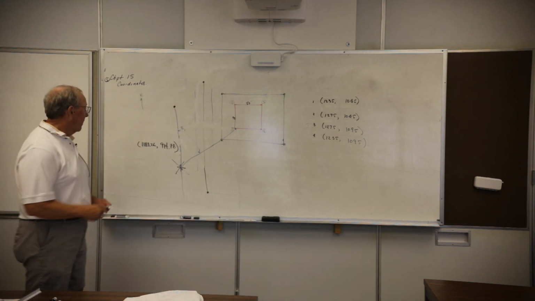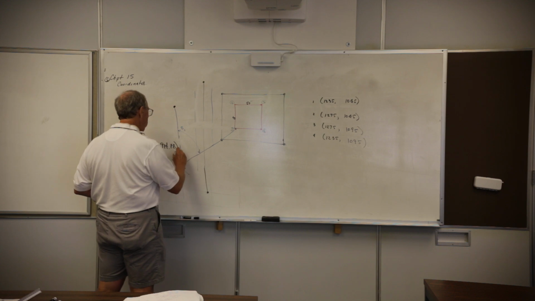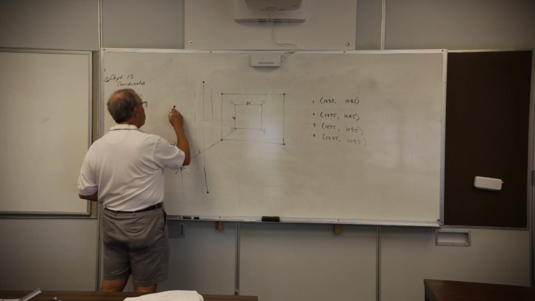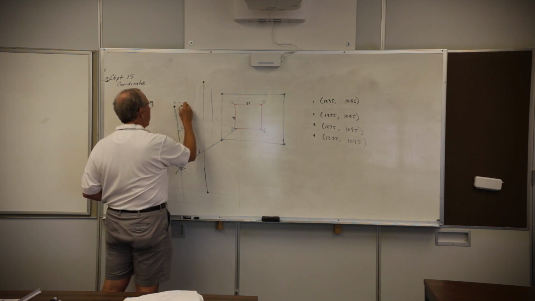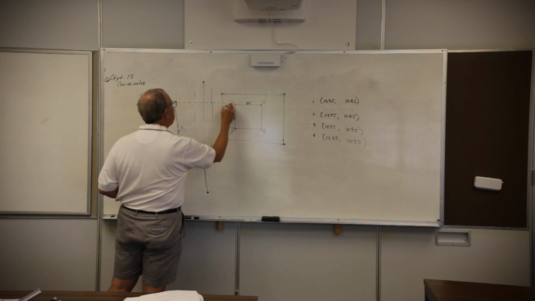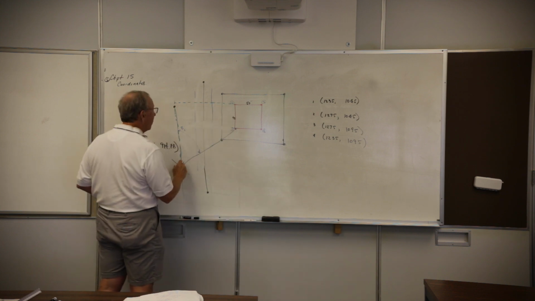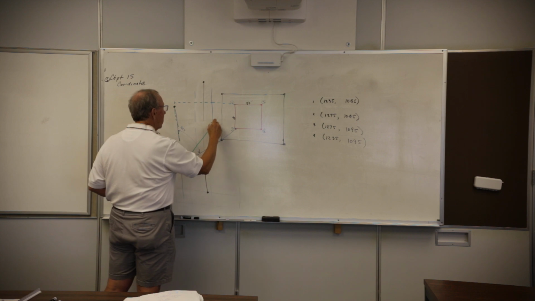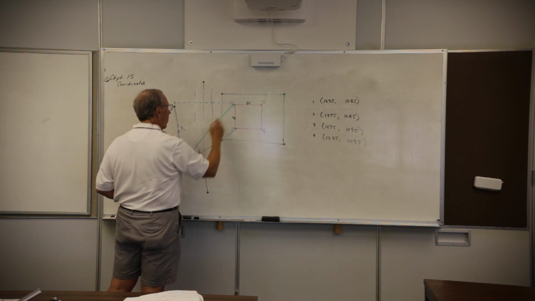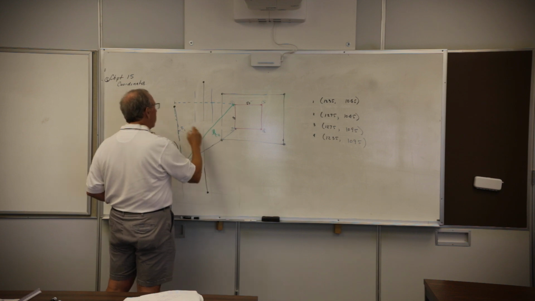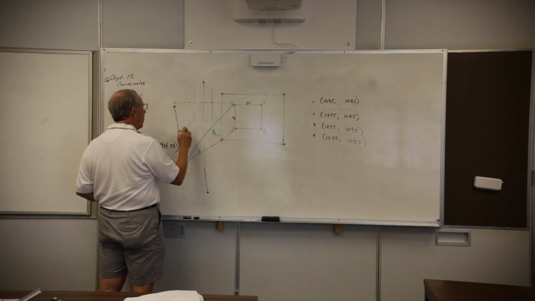So I'm going to go from here up to point 2. I'm going to cross over to point 2. And then I'm going to draw a line from here to here. And that's Li2. And this is theta 2.